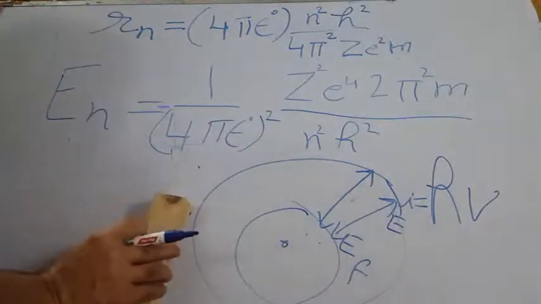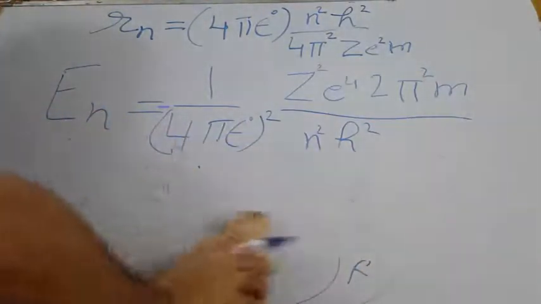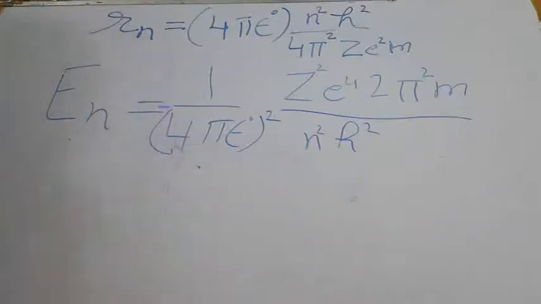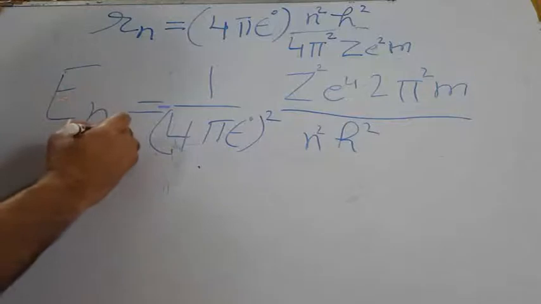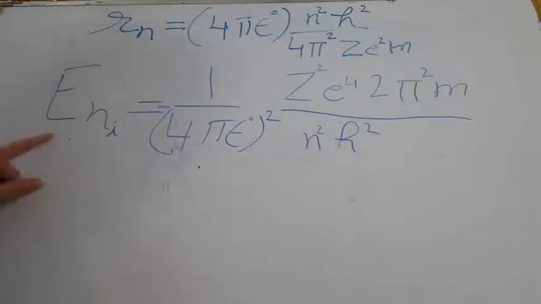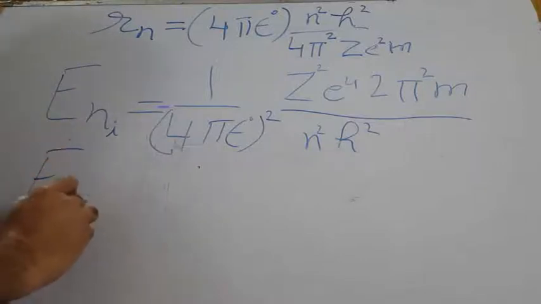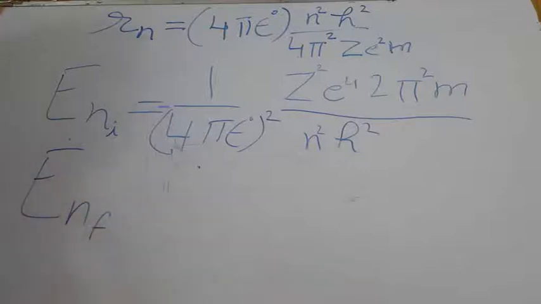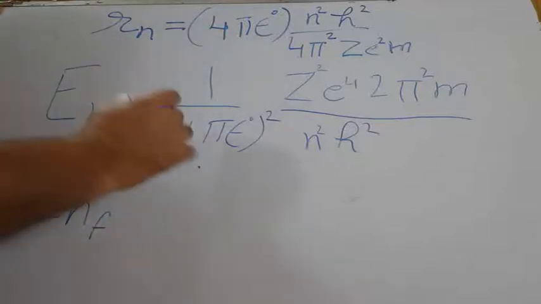Therefore, we can say this is the delta E, which is equal to h nu. Suppose this is the energy of the initial orbit, and this is the energy of the final orbit.